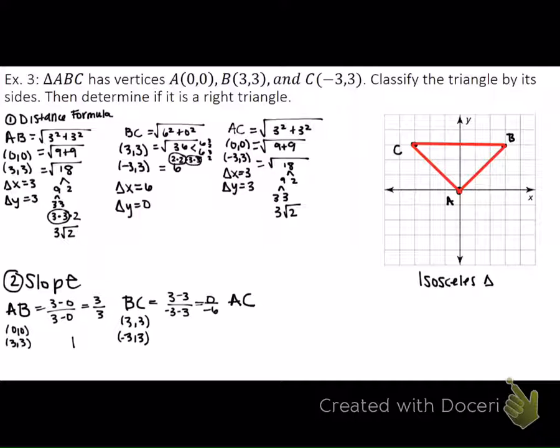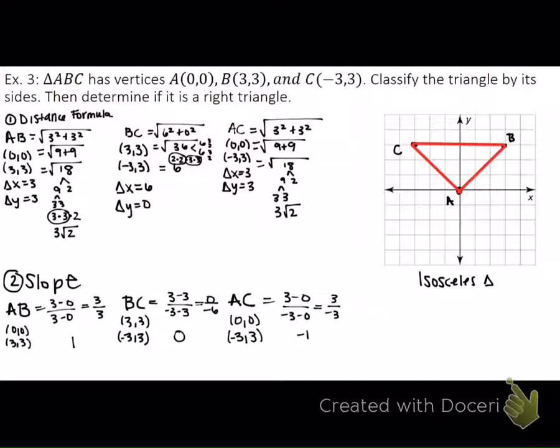What's 0 over negative 6? It's okay to have 0 on top, so it is, Jill? 0. And then AC is 0, 0, and negative 3, 3. So that's 3 minus 0 over negative 3 minus 0, which is 3 over negative 3, which is negative 1.